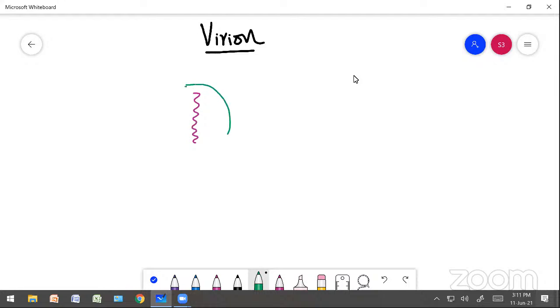This is the structure of Prion. The outer covering is called the capsid. A capsid is nothing but a proteinous substance that encloses the nucleic acid material.